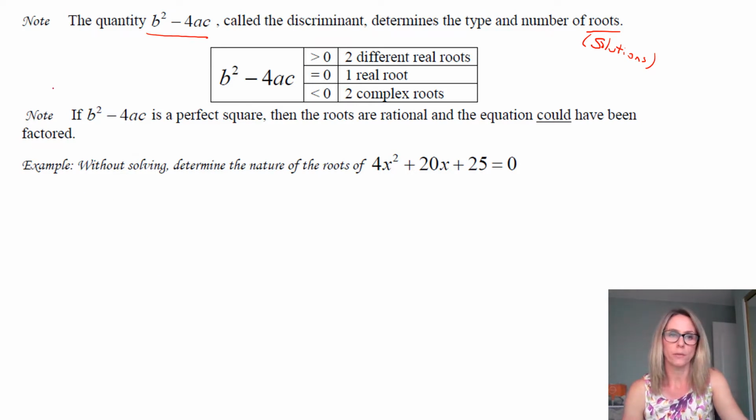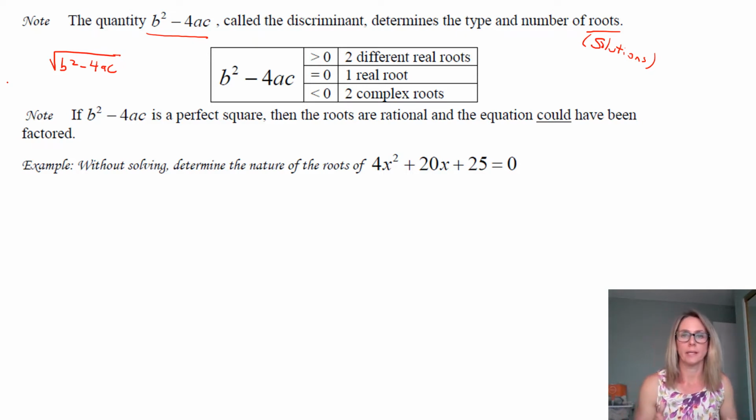So if you think about it, for the quadratic formula, there is a part that is the square root of b squared minus 4ac. Now, the idea is if you have a positive number in there, you are going to end up with two solutions or two roots to your equation.